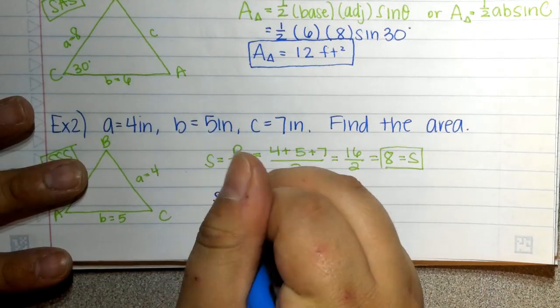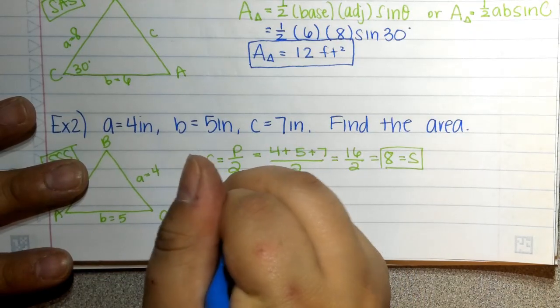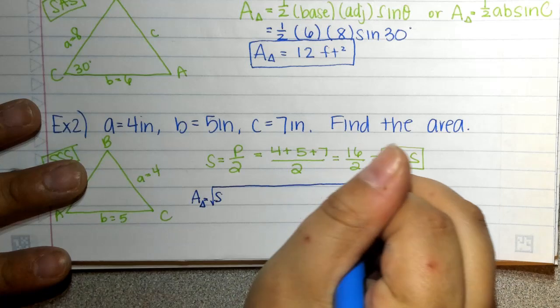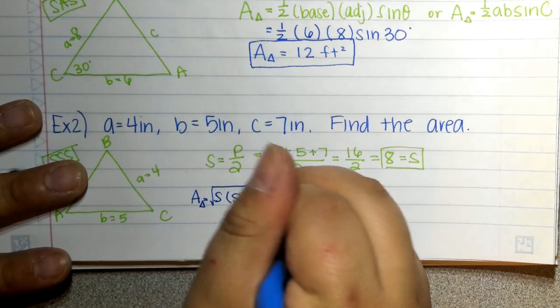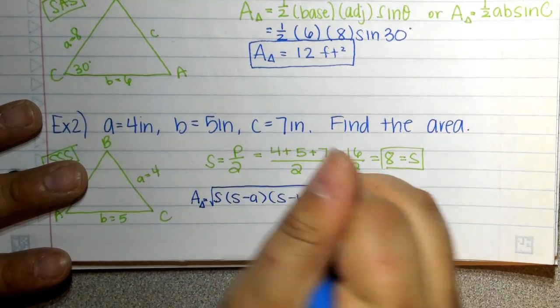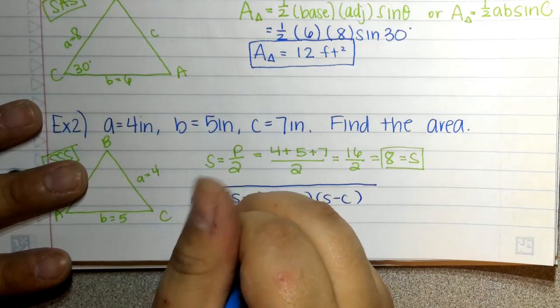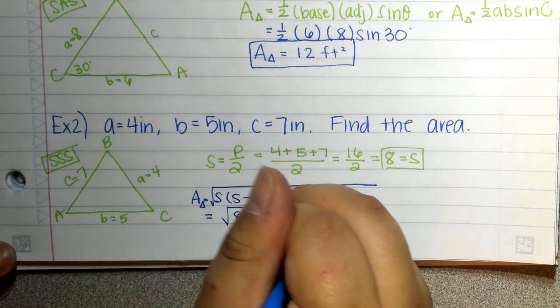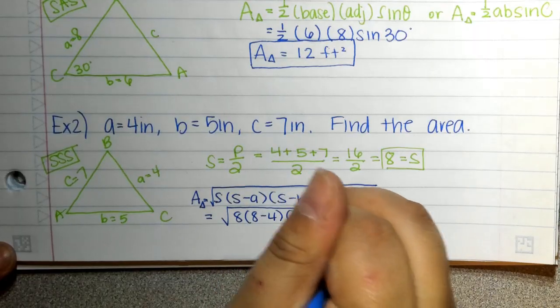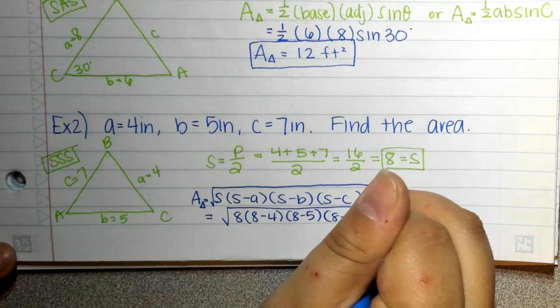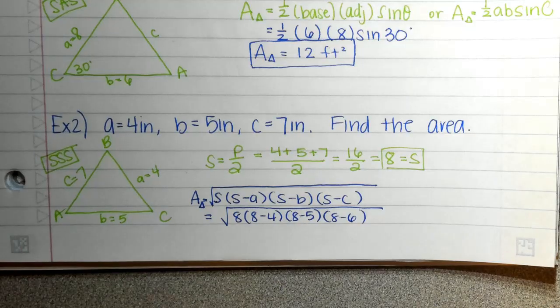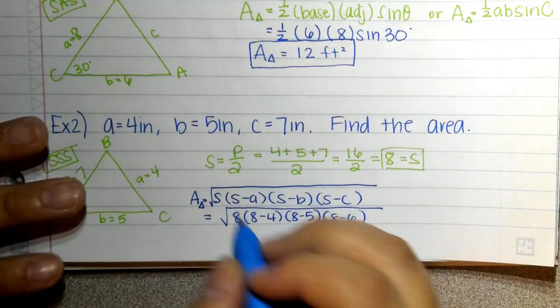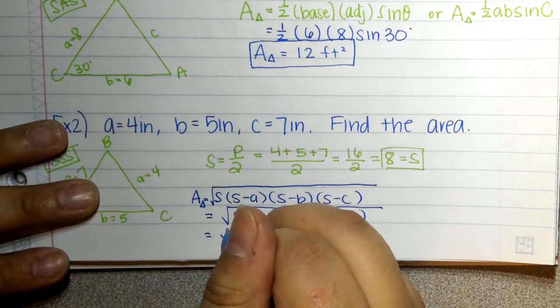Now what do I need to do? Write Heron's formula. Make sure your square root sign goes through. Write the formula down. And plug in. You can do all these steps algebraically if you want. Or you can just put it in Desmos. It's up to you.